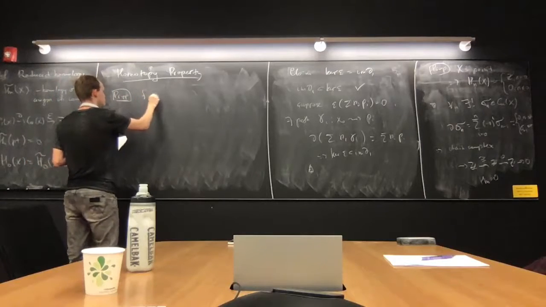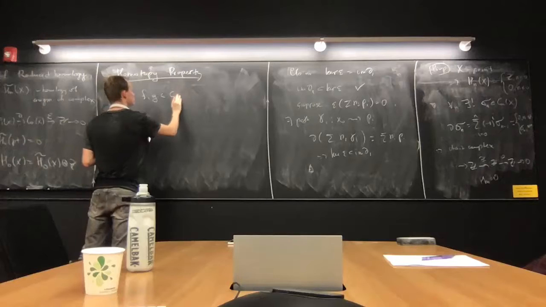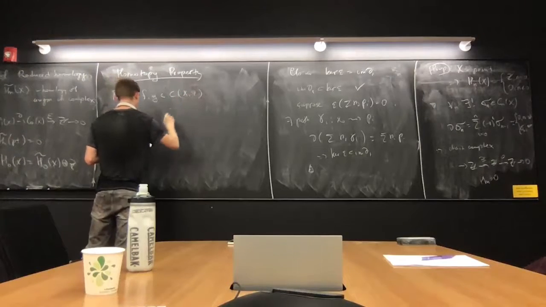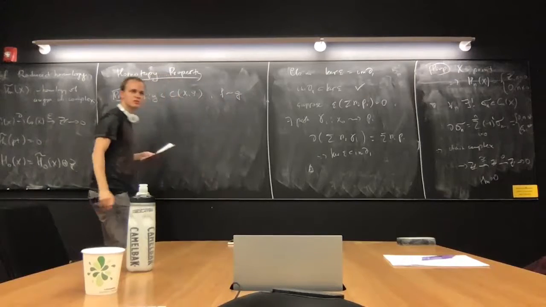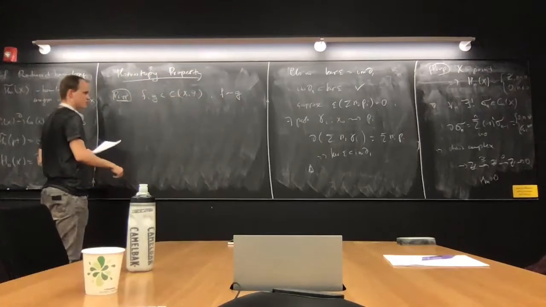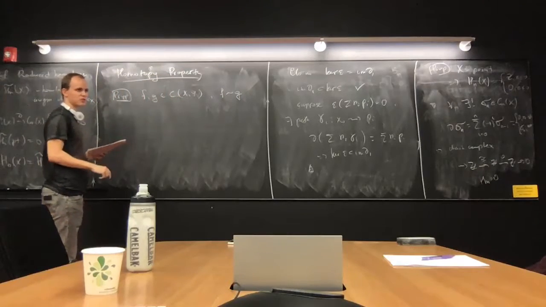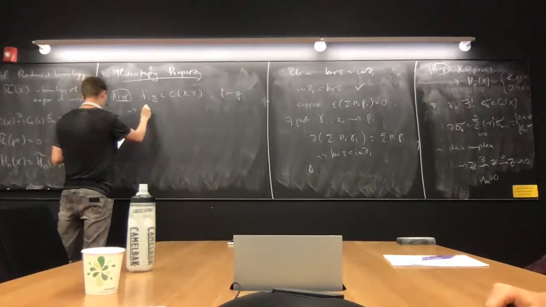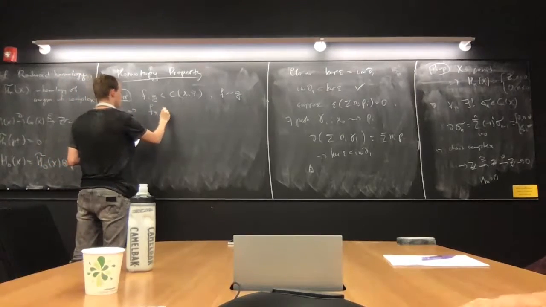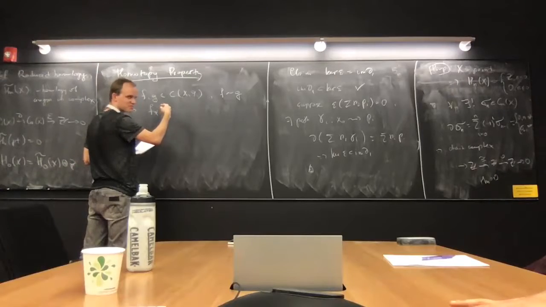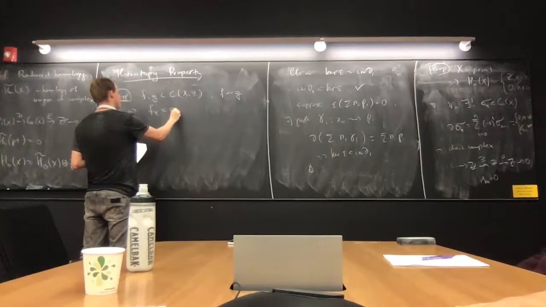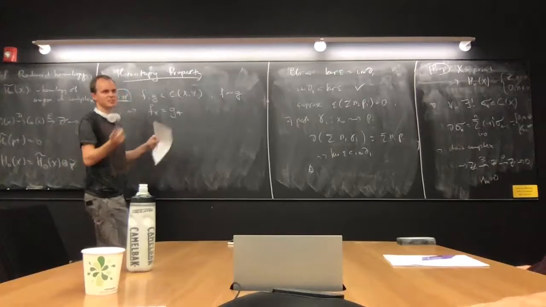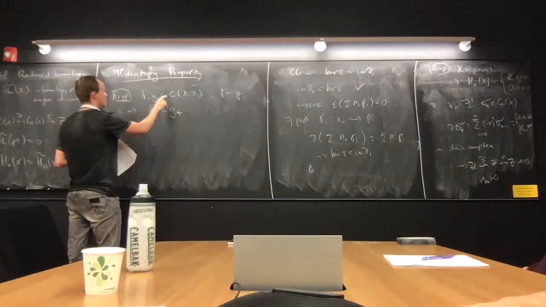If I have two continuous maps between X and Y that are homotopic to each other, then they induce the same homomorphism in homology, F star. So homotopic means the same in homology.